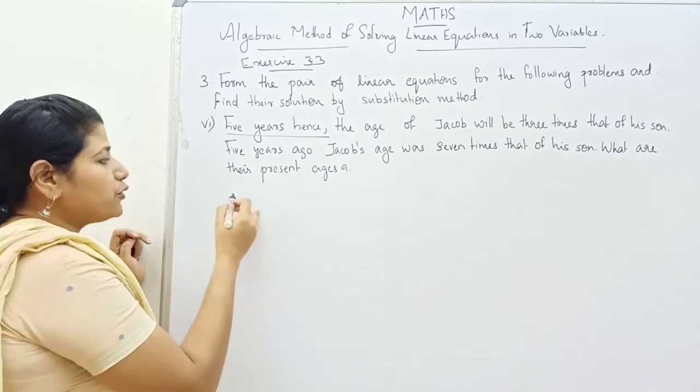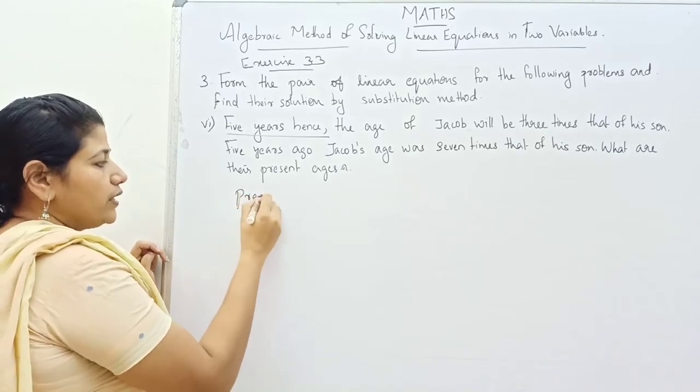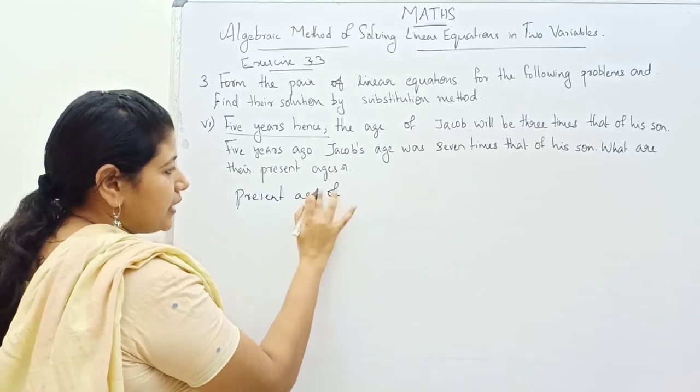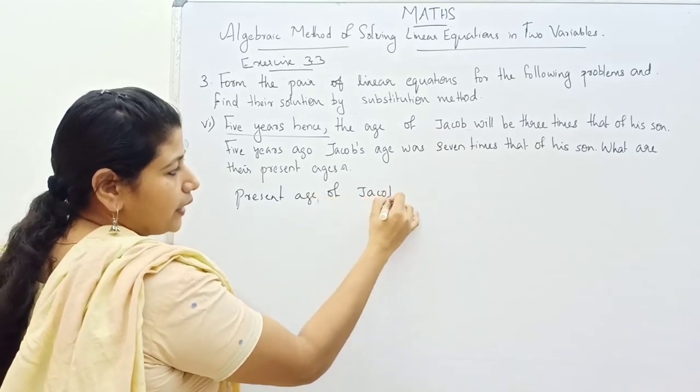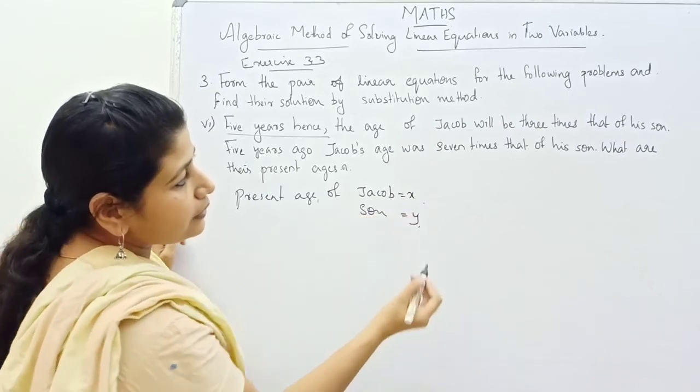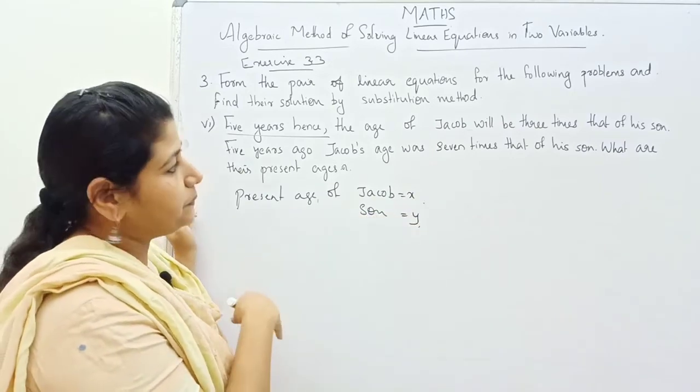Okay. Now we have to take the present ages. First you want to take out the present age of Jacob as x, and the present age of his son as y. Then only you can make the situation into algebra.